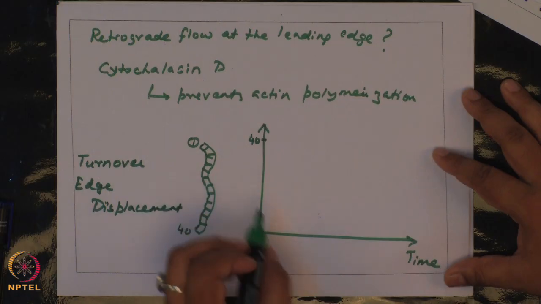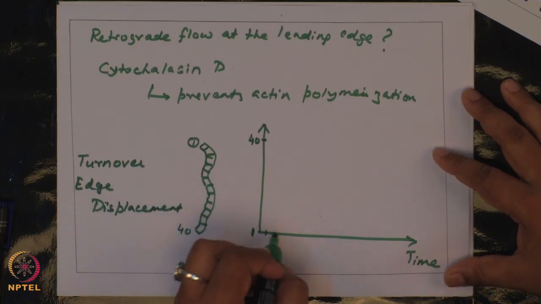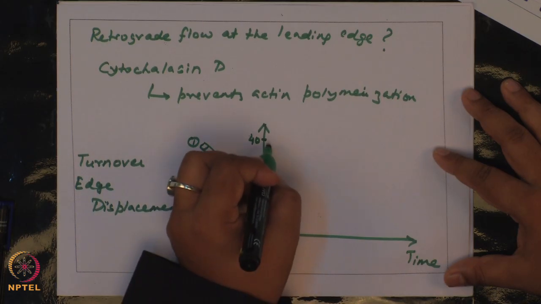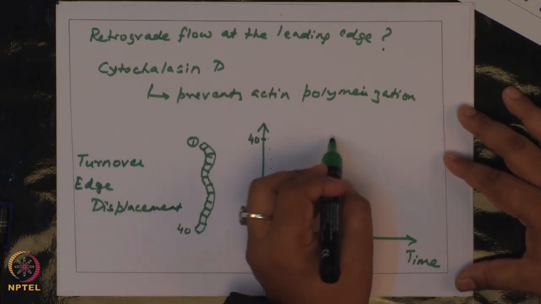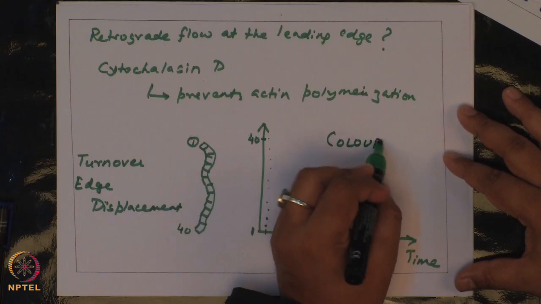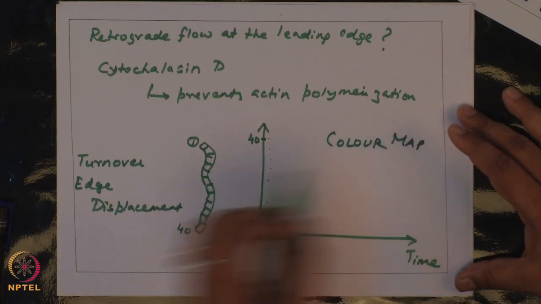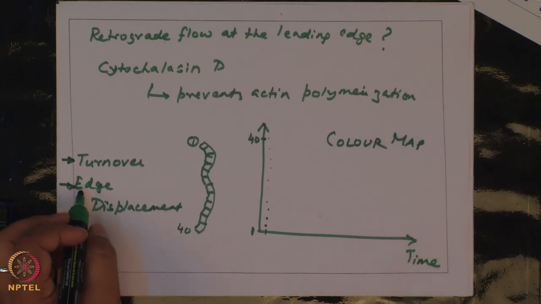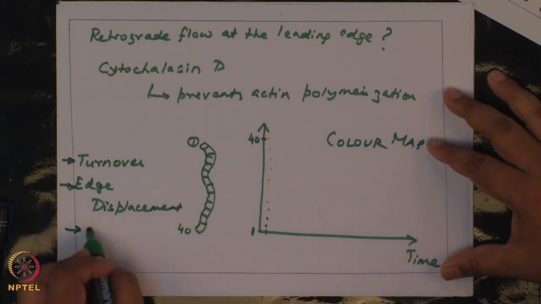At each time step, you plot these values and generate a color map. So, you plot turnover, edge displacement and network flow.